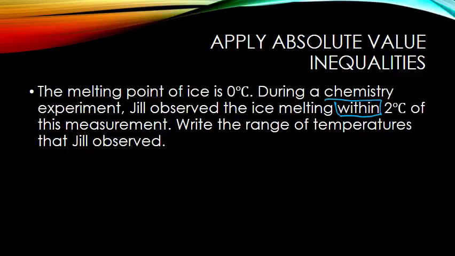So let's say that the temperature, our variable, is the temperature, so let's set that as T. And our melting point of ice is at 0, so let's say minus 0. And we're going to say the absolute value is less than or equal to 2.